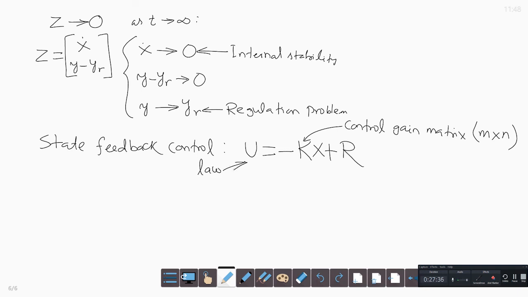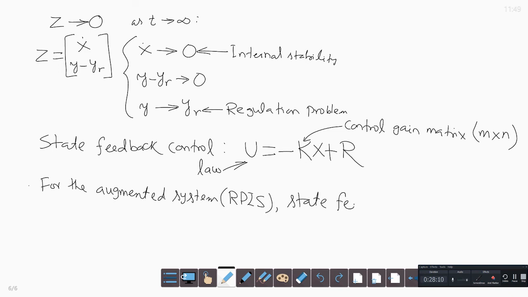So, for the augmented system, that means for the regulation problem with internal stability, the state feedback control law becomes u dot equals minus Kz. So, let us partition it. Here m is 1 and n is 3, so K is 1 cross 3.